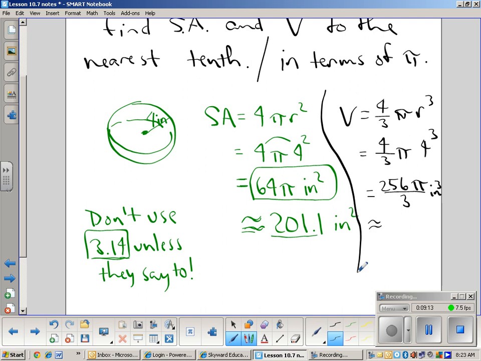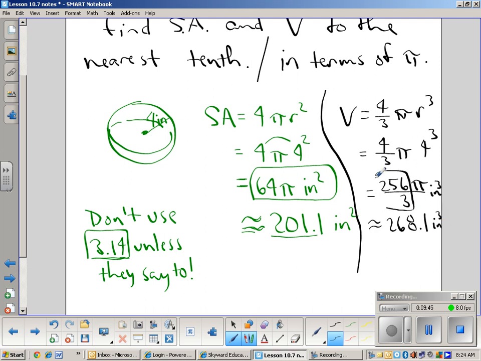What did you get? No, they want to round to the tenths place, so you got to put the number in for pi too. 268.1. Yep.